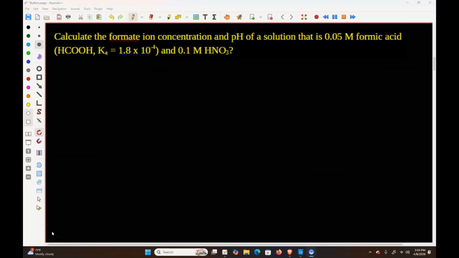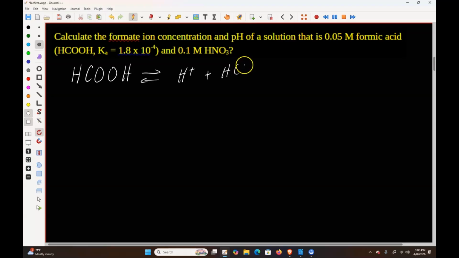Okay, I have a formate ion concentration and pH from a 0.05 molar formic acid and a 0.1 molar nitric acid. All right, so let's write an equation for the weak electrolyte. Formic acid goes to H plus and formate ion.